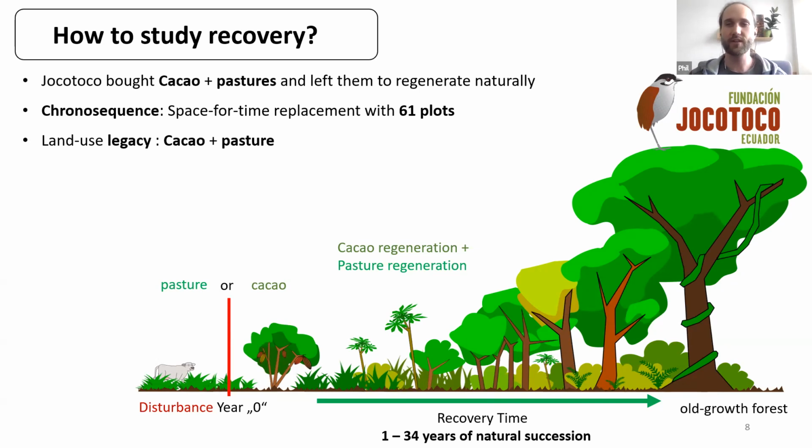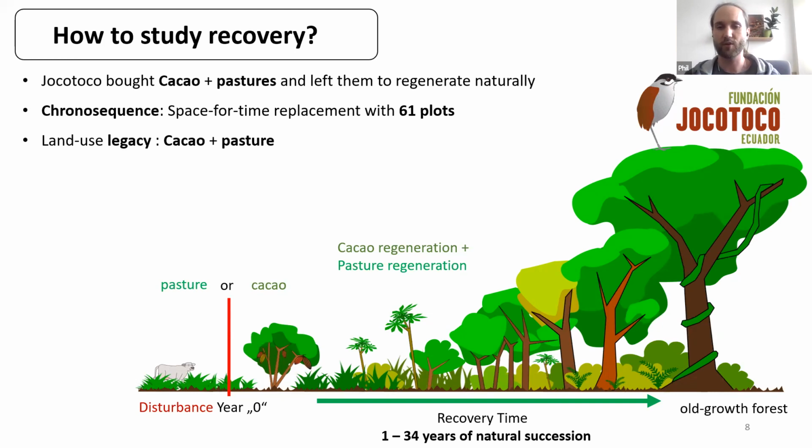Over the years, Choco accumulated more and more of these farms. So we actually have really nice information on when these areas were left to recover naturally, and we can stitch these together to create a fake timeline, a space-for-time replacement called a chronosequence, to nicely study the recovery trajectory.